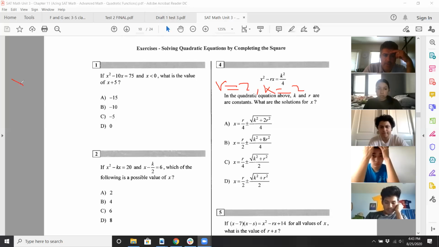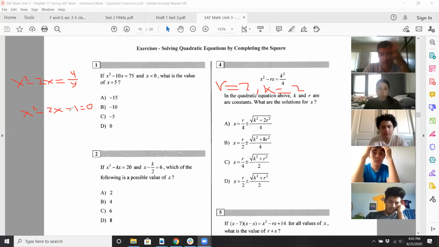So you have x squared minus 2x equals 4 before, or x squared minus 2x minus 1 equals 0. Now, that's not factorable. That's okay.